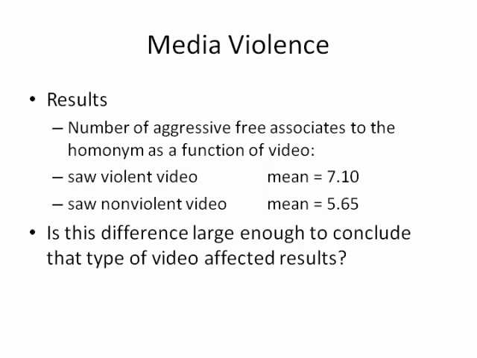Just from looking at these summary statistics, this descriptive data, you can see that apparently there is a difference between 7.10 and 5.65. That's descriptive statistics. Looking at just the mean, we can say that those who saw a violent video appeared to report more aggressive free associates than those who saw the nonviolent video.